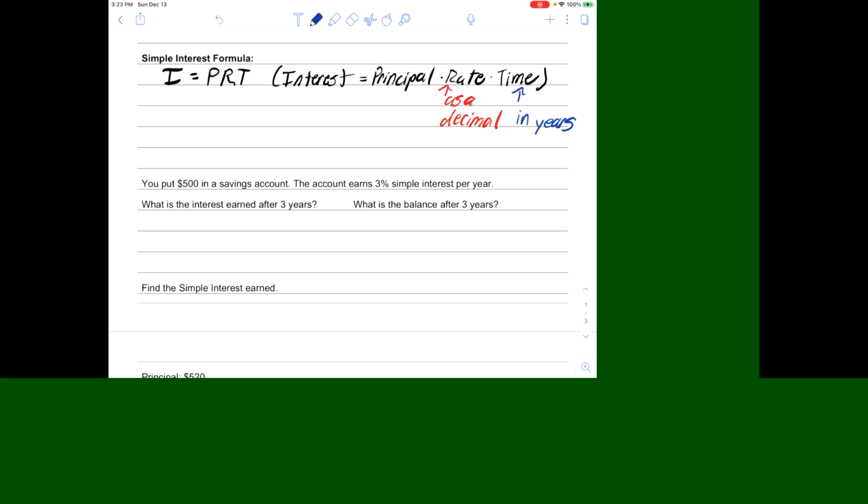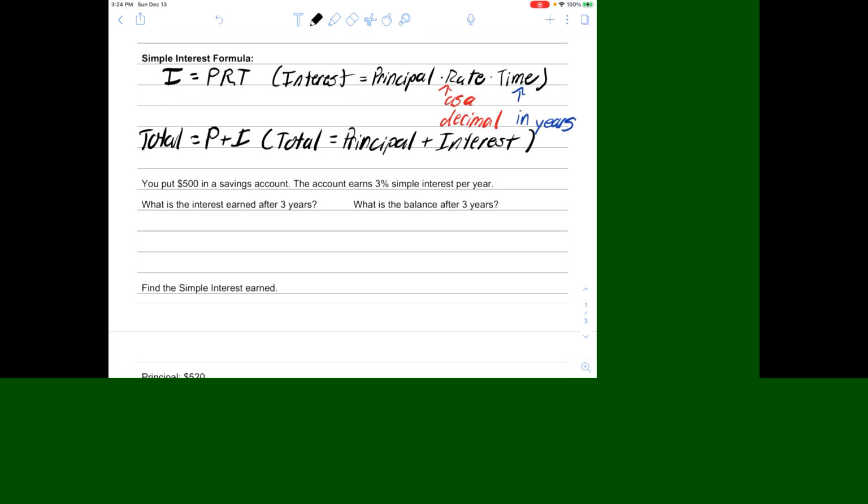And the amount of time that you put into this equation always has to be in years. That's how you find the interest using simple interest. And then to find the total amount, that will always be P plus I. The total amount is the principal, the amount you start with, plus the interest. Those are the formulas we're going to be using today. And I'm going to show you how those formulas work in our first problem here.